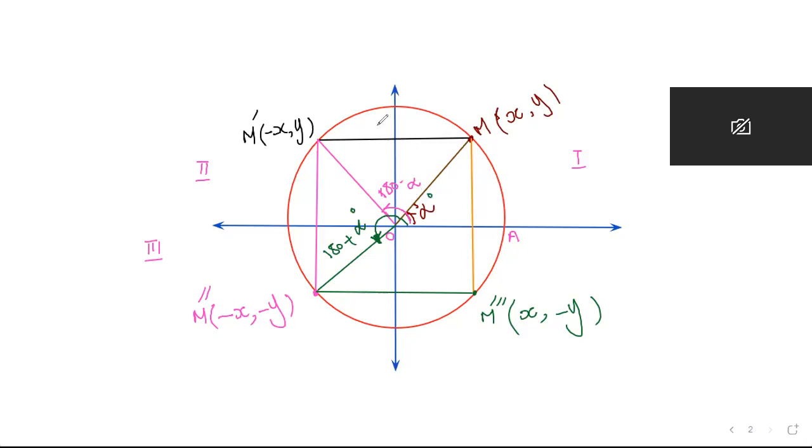Now also, look at this. I'm going to build another angle which is connected to M triple prime.